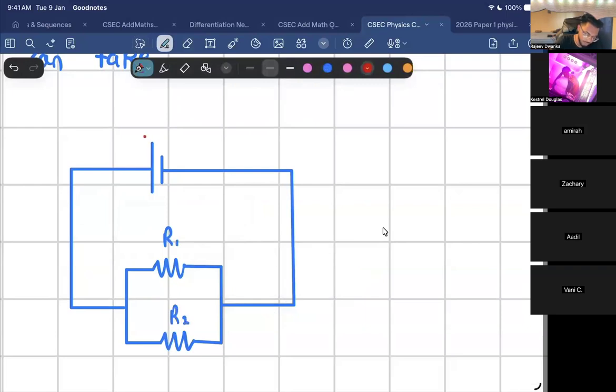And of course, the longer terminal is the what? Positive. And the shorter terminal is the negative. So the current will go from positive to negative like so, until you see it splitting.